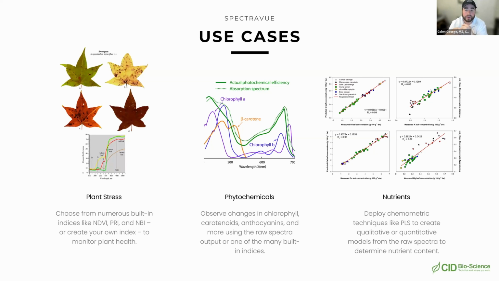There are tons of other indices that researchers have come up with to look at the levels of these different specific phytochemicals. So if you are interested in seeing the specific response of each of these particular chemicals inside the plant, then you can do that as well.